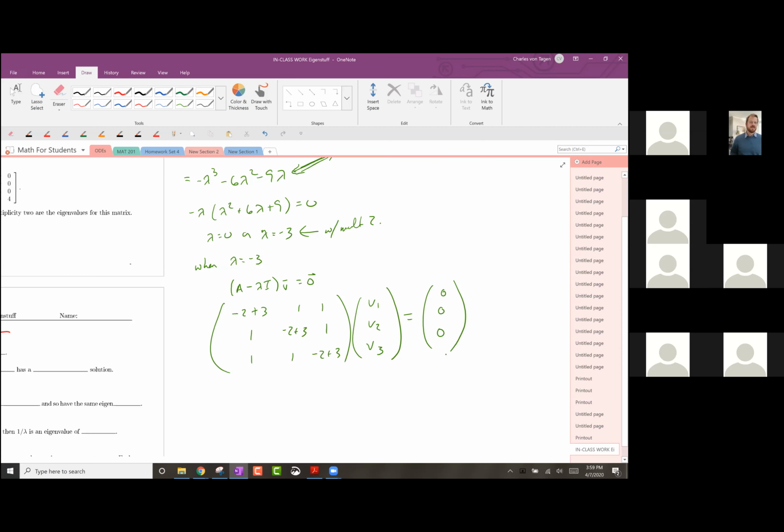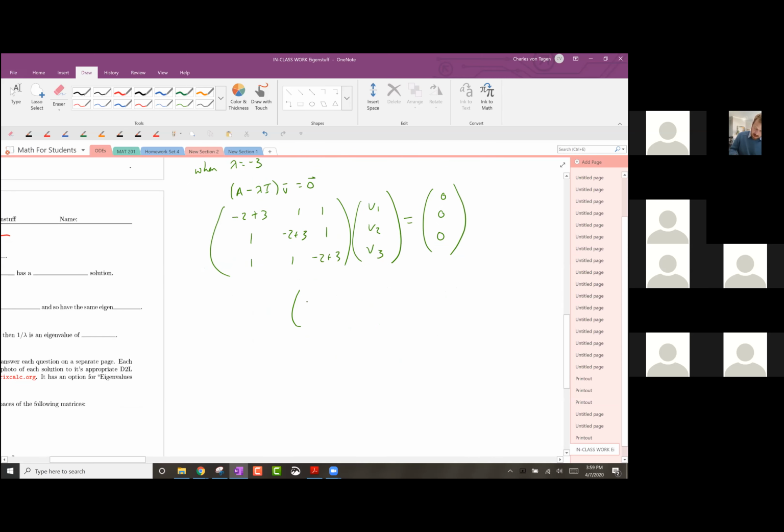All right. Okay, so then this cleans up to be just the system of equations 1, 1, 1, 0, 1, 1, 1, 0, 1, 1, 1, 0. When I row reduce this, notice in this case, I'm going to get 1, 1, 1, 0.